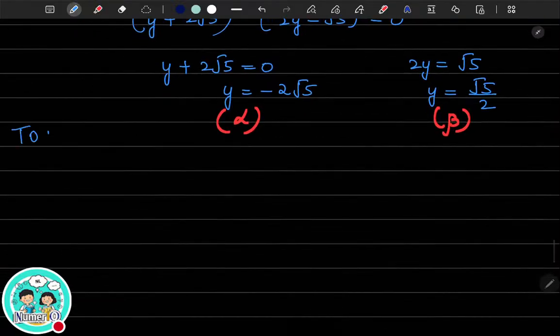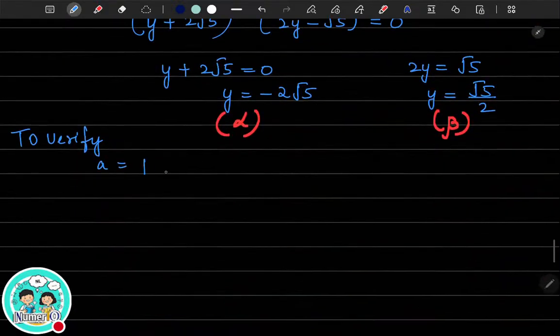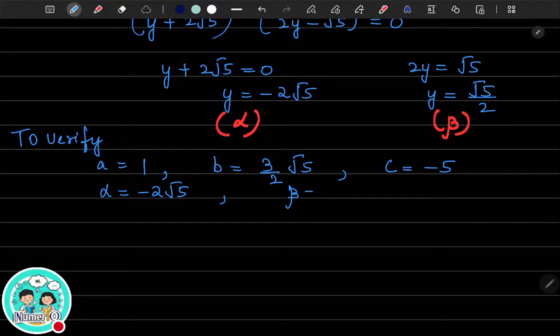To verify, what are your a, b and c values? From the given question, a is 1. Your b is nothing but 3 by 2 root 5 and your c is nothing but minus 5. Alpha is nothing but minus 2 root 5 and your beta is equal to root 5 by 2.